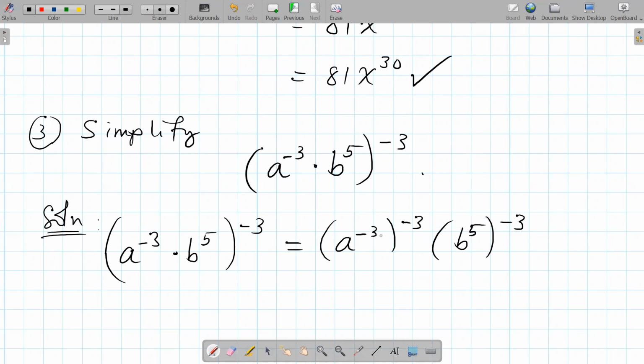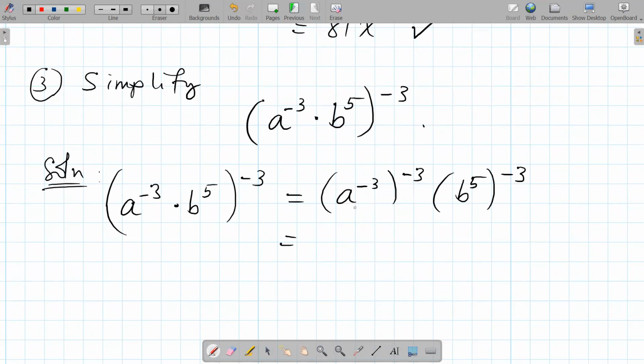Negative 3. Remember, this negative 3 is not because the a has negative 3. I'm talking about the outside power, which is negative 3. This outside power has a weight on each one of these items. So a to the negative 3 has to be raised to negative 3, and then the b to the 5 will also do the same. So take note of it.